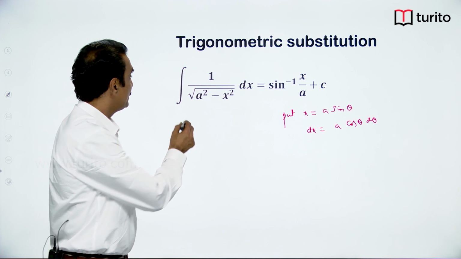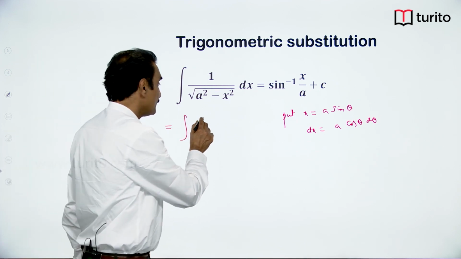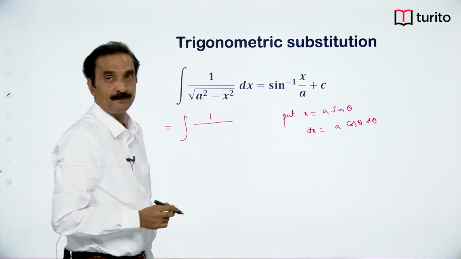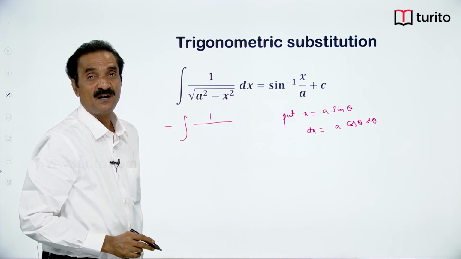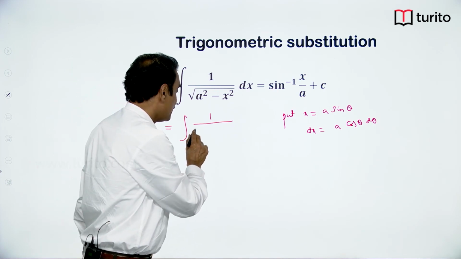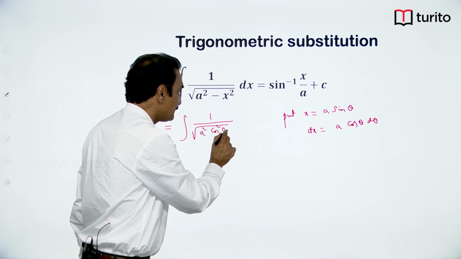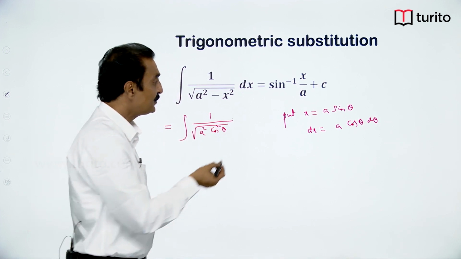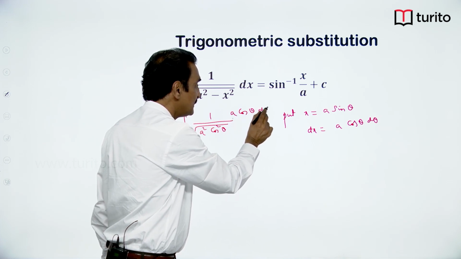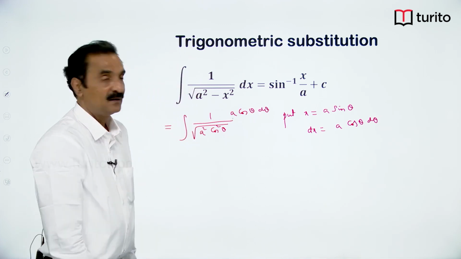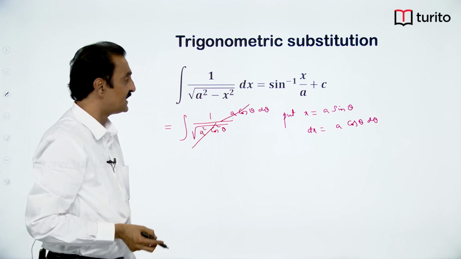Now this becomes integral 1 by root over a square minus a square sin square theta. It will be root over a square cos square theta into dx, which is a cos theta d theta. Now a cos theta, a cos theta cancels.